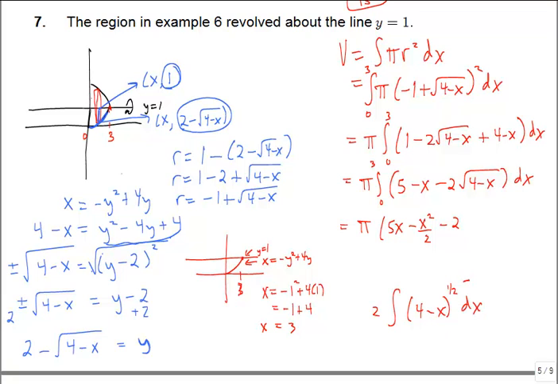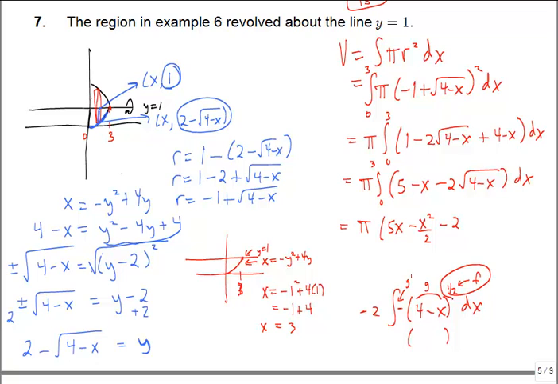You have an outer function, which is my f, that 1/2. Your inner function is g. The derivative of this inner function is a negative 1, which I don't have, but I can put it in and counterbalance with a negative on the outside. And once I have that g prime in there, then I have all 3 pieces that I need. And according to pattern recognition, the only part of this that you integrate is the outer function.